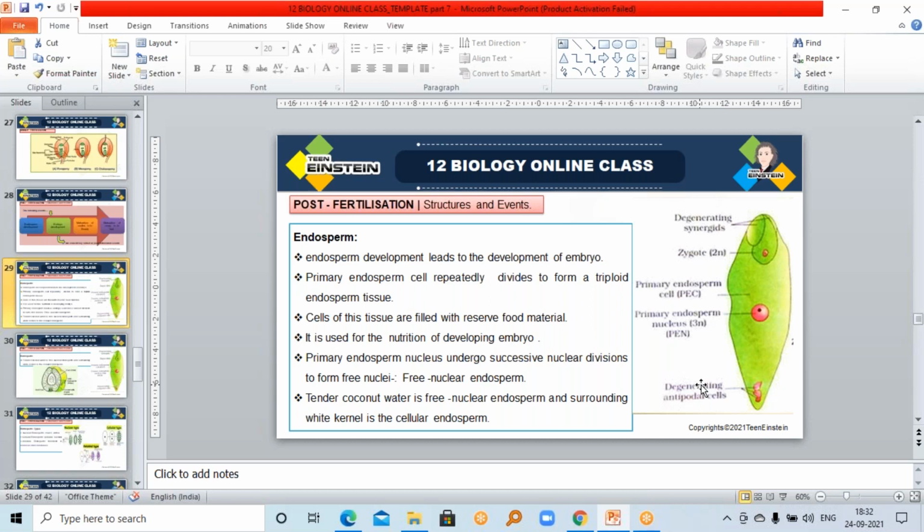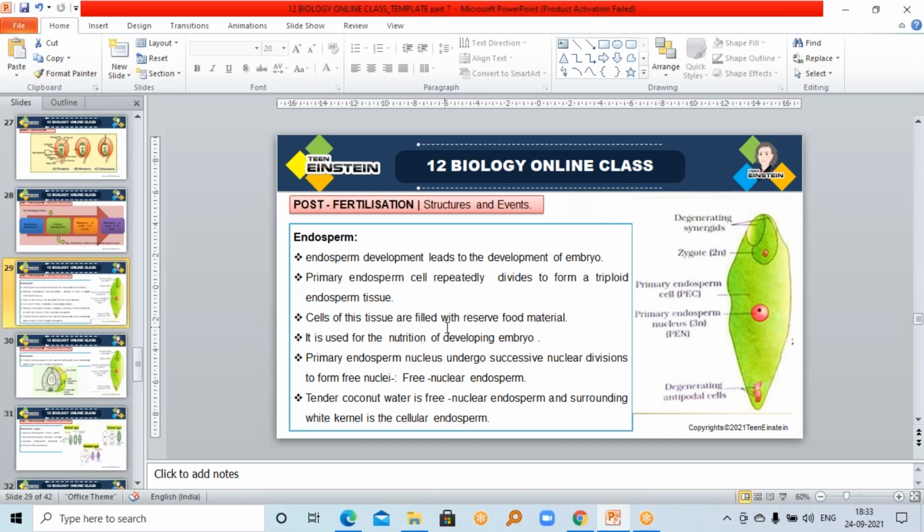Okay. So the endosperm development leads to the development of the embryo. The primary endosperm cell repeatedly undergoes division and forms a triploid endosperm tissue. Which division will it undergo? It will undergo mitotic division and form a triploid endosperm tissue.